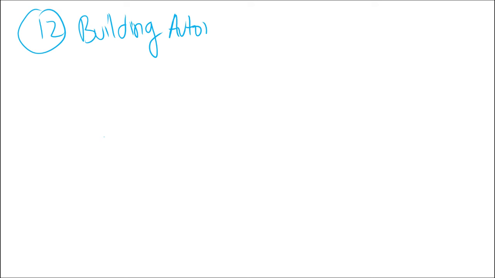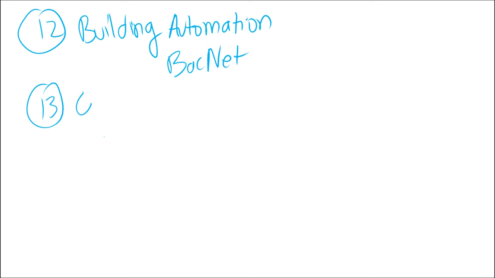And then, since I come from an engineering background, we're also going to look at building automation, like BACnet, for example. And then we're going to think about OSI model, which is the 7 layers.